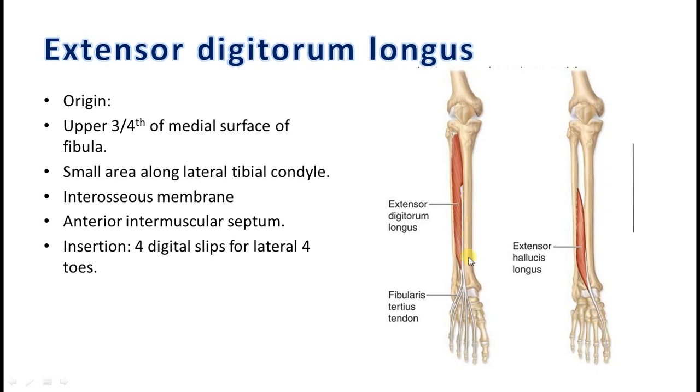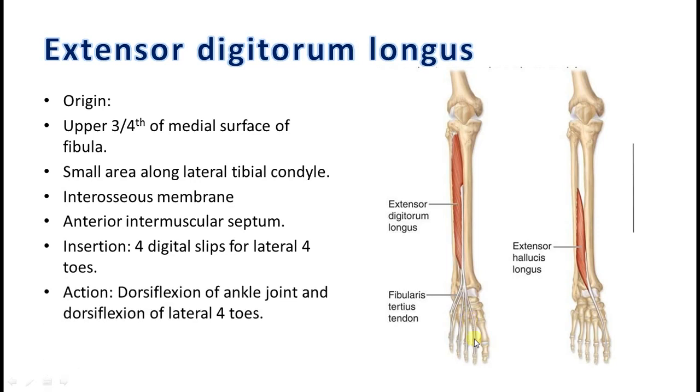Then the tendon passes downwards deep to the superior and inferior extensor retinaculum and it divides into 4 tendons for the lateral 4 toes, second, third, fourth and fifth toes. It divides at the level of metatarsophalangeal joints and then it inserts via the dorsal digital expansion.